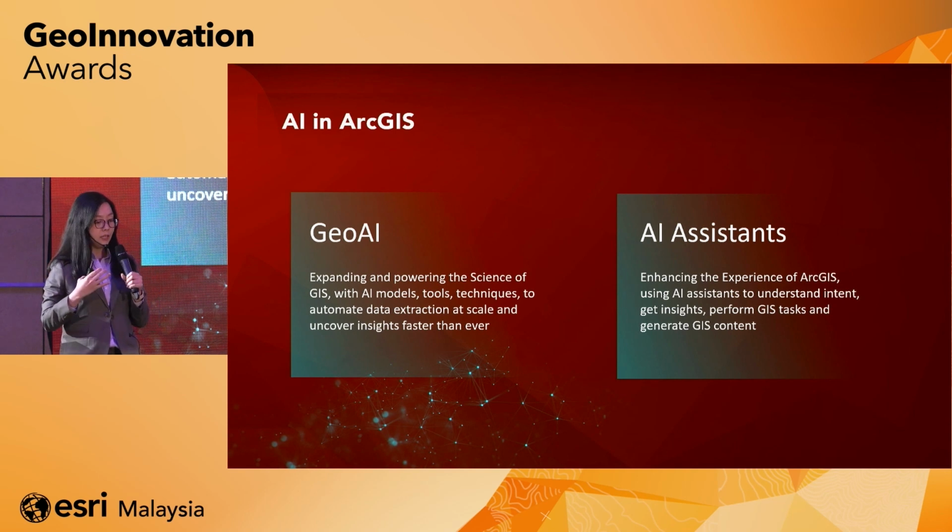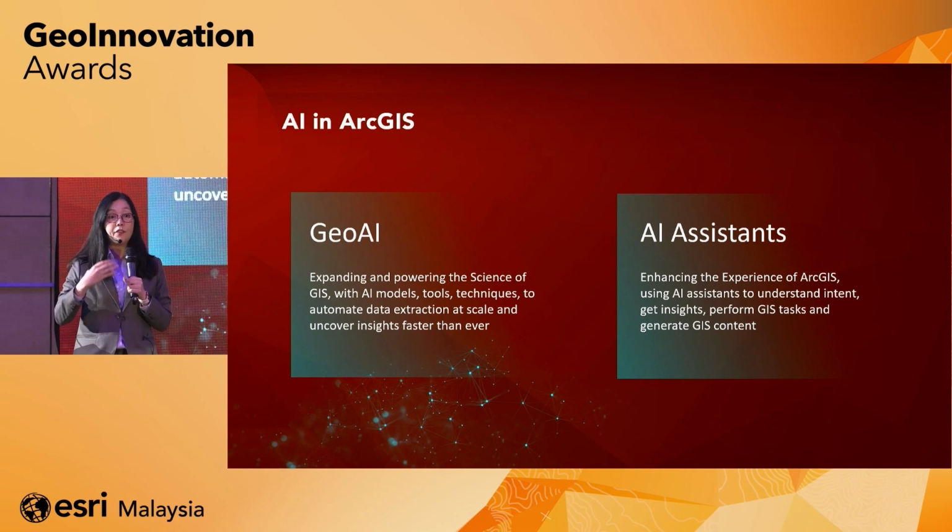It's like, when you are using ArcGIS, how do you enable those who are not familiar with your portal, or with the data that you have, but would still like to get insights from the database that you have prepared? This is why the AI assistant comes into place. We are working a lot on it, but in order for the AI assistant to work, your data has to be ready. Your metadata has to be there as well.